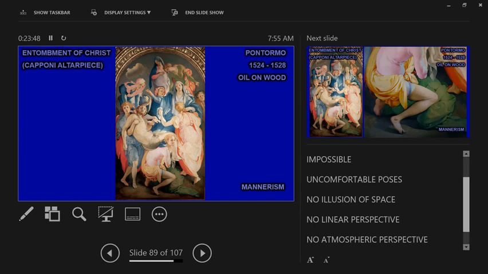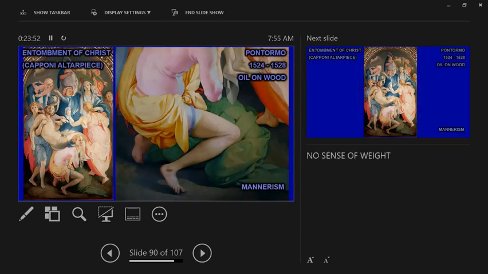And then these weird poses, especially the guy down at the bottom, his neck isn't really in the right place. His neck is pushed way forward. The anatomy doesn't quite match up. And then there's this: how much would you say that guy weighs? He's like a medium build, all right?